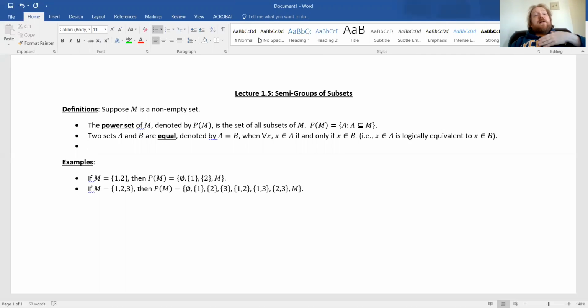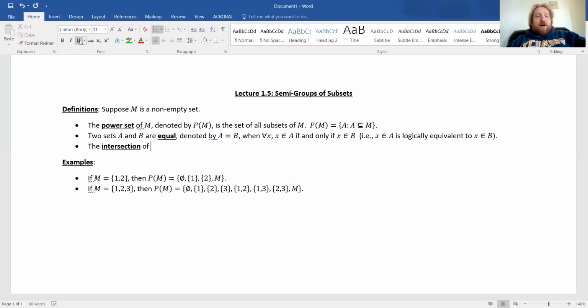Now, finally, I want to talk about various operations on the power set. So there are three operations that I want to look at. Two of them you have seen before from foundations, the intersection and union.